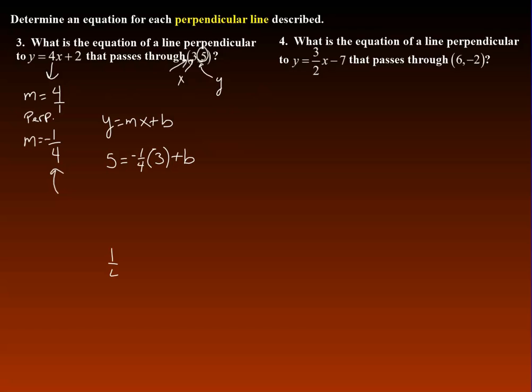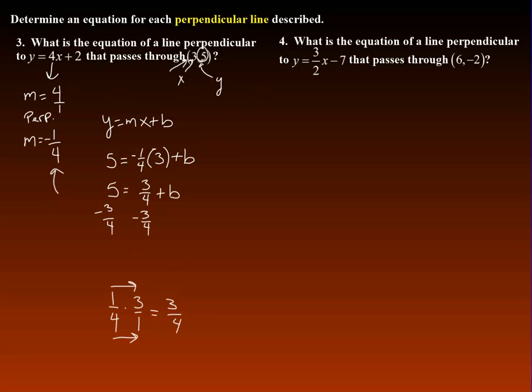So 1/4 times 3 over 1, straight across the top we get 3, straight across the bottom we get 4, and so our value will be 3/4. So I have 5 equals 3/4 plus b. And then we're going to subtract 3/4 from both sides.